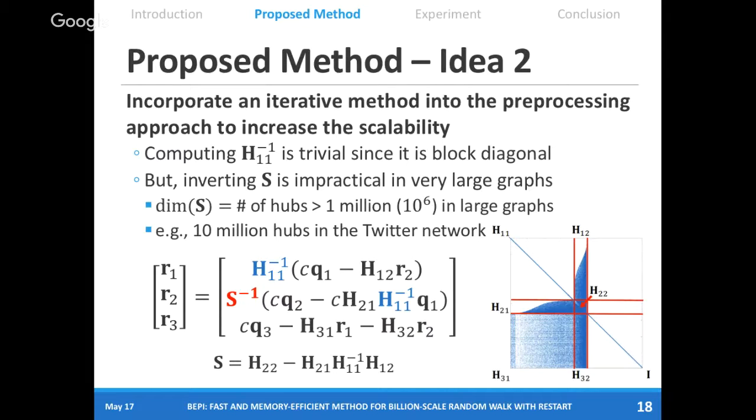But inverting S is impractical in very large graphs because the number of hubs is greater than 1 million in a large graph, and the dimension of S is equal to the number of hubs. For example, there are 10 million hubs in the Twitter network used in our paper. So we cannot compute the inverse of S in very large graphs.